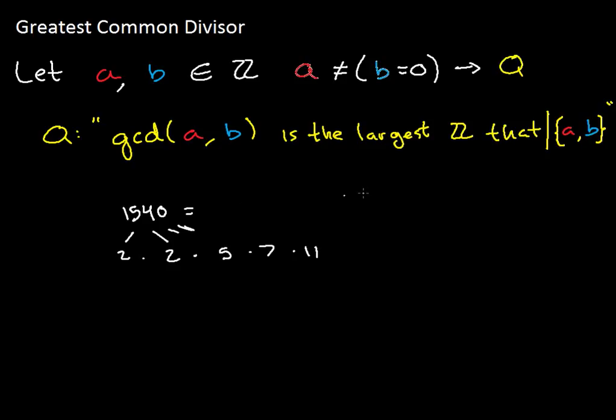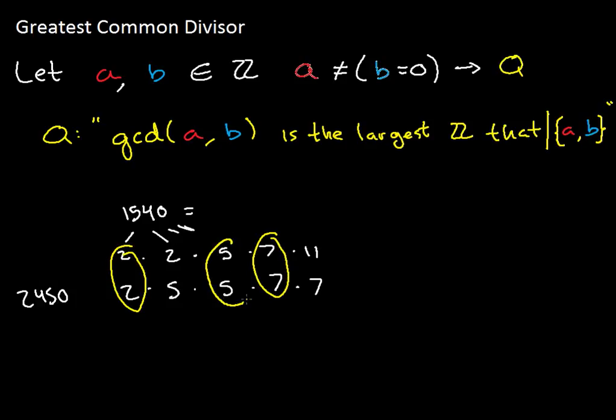Now, if you compare that to 2450 and take my word for it that the prime factorization of that is 2 times 5 times 5 times 7 times 7, then we see here that there is a combination of 7s, a combination of 2s, and a combination of 5s.